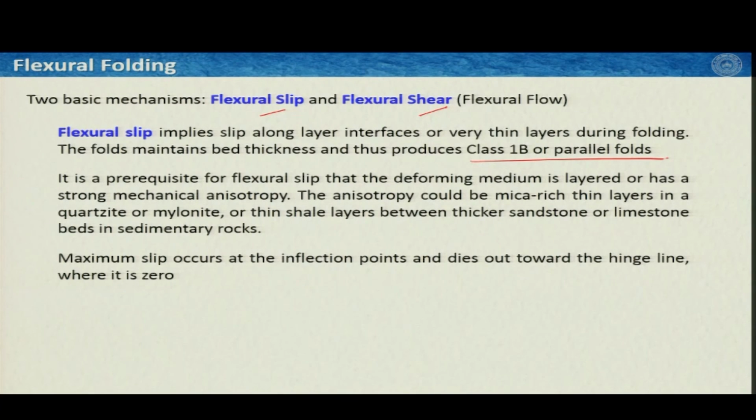So, you need a plane along which the 2 adjacent layers can slip past each other. We will see in the illustrations that maximum slip occurs at the inflection points and it dies out towards the hinge zone where the slip is 0. And this we will see in one of these slides, but before that let us have a look at what flexural shear is.